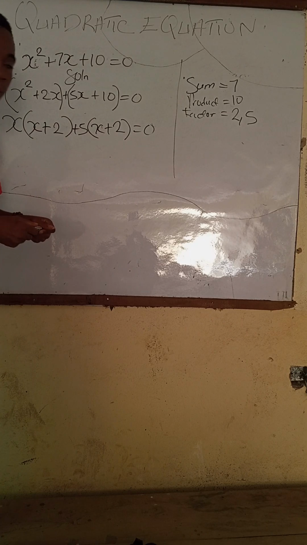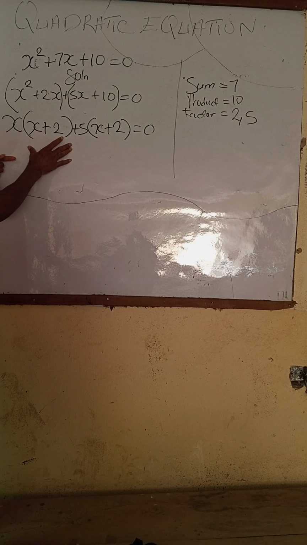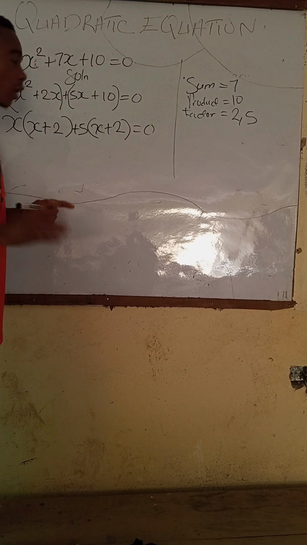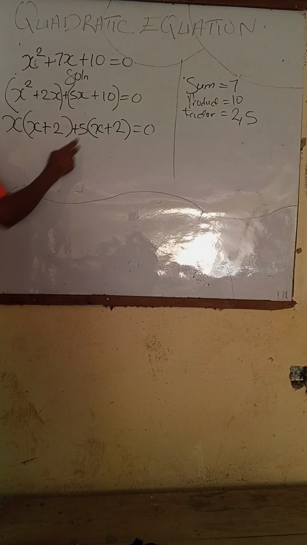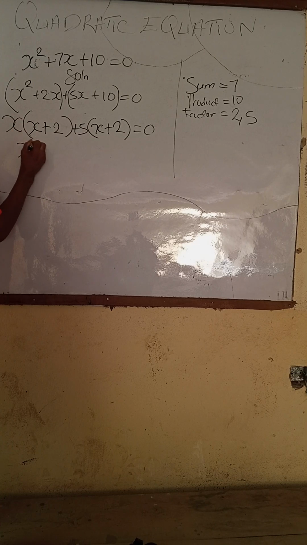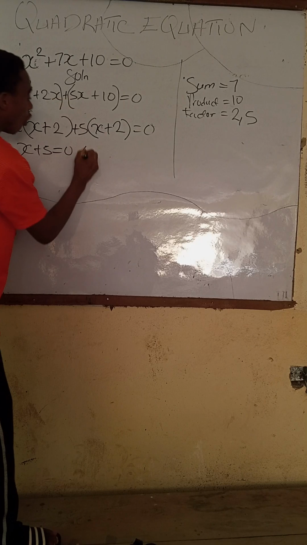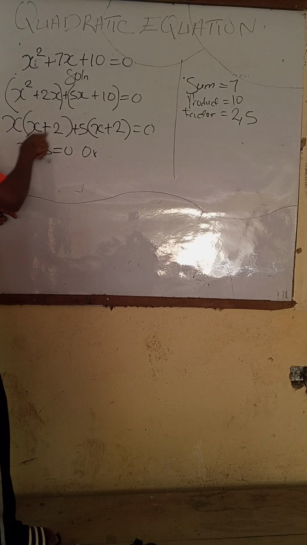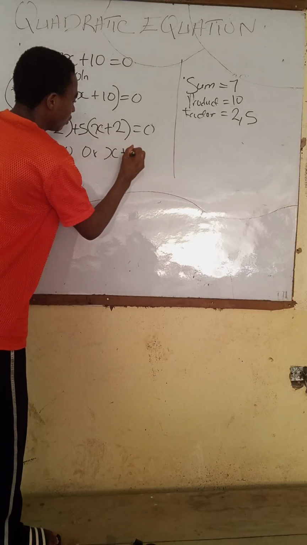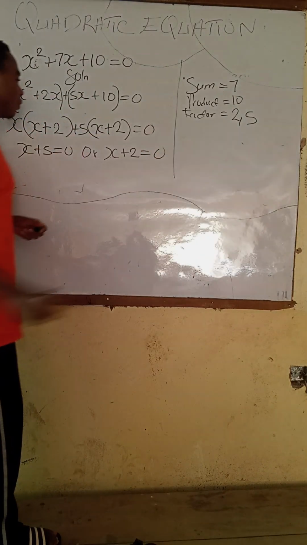For us to continue, since the brackets are the same, we take one of them, and we take the x and the 5 also. That means we have x plus 5, remember, summing to 0 equals 0, or we have x plus 2 equals 0.